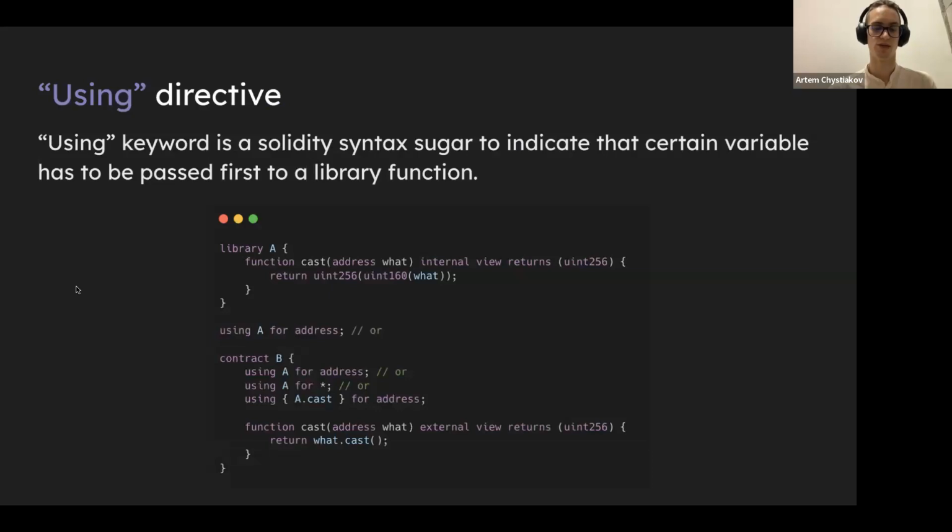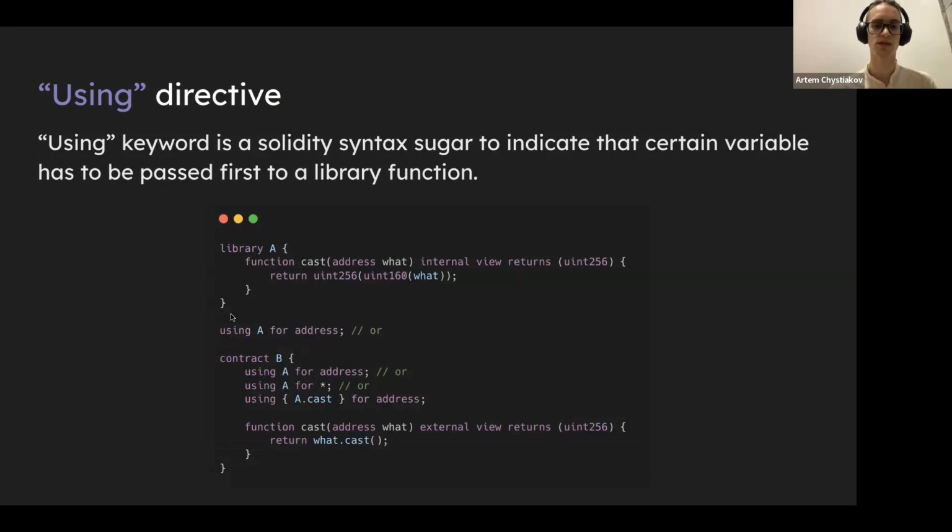Let's just quickly define some syntax and describe what the using directive is. The using keyword is basically a Solidity syntax trigger to indicate that a certain variable can be passed first to a library function.